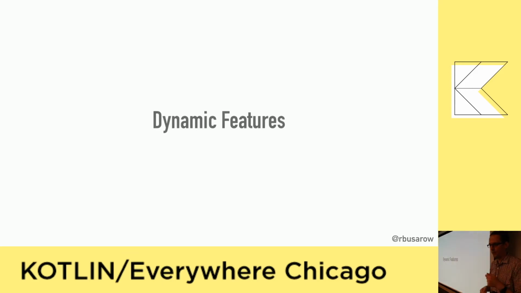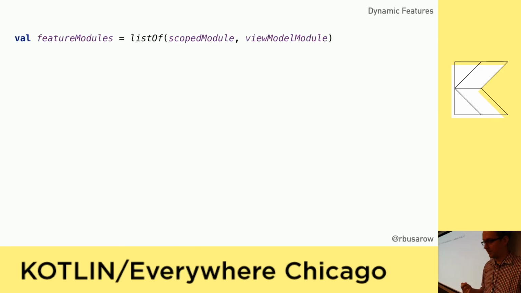So next, dynamic features. Anybody using feature modules? Dynamic feature modules? Me either. I don't like them, but one of the reasons I don't like them is the inability to actually reference anything in the application while the feature module is not loaded.